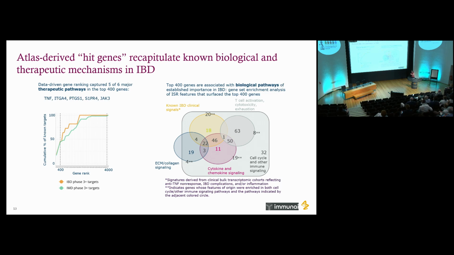And again, we noticed that a lot of the pathways that are picked up have established importance in IBD. And it's also very reassuring to see that we pick up on biologically diverse pathways. So both of these investigations increase our confidence in the usability of this approach.